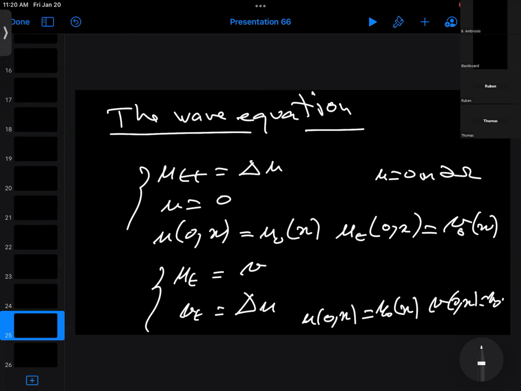So if you choose the operator A(u,v) to be (v, Laplacian u).